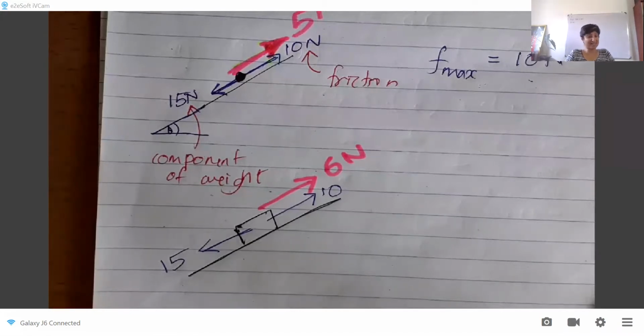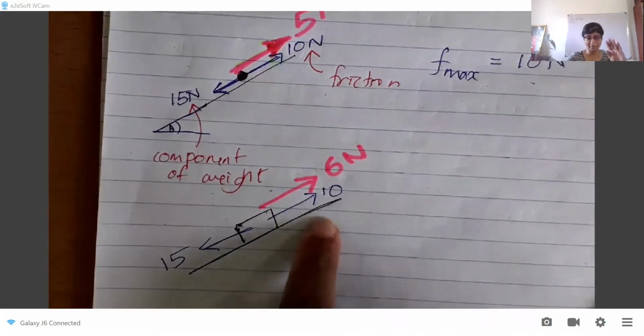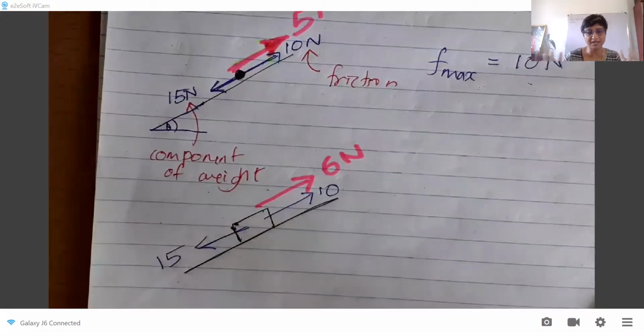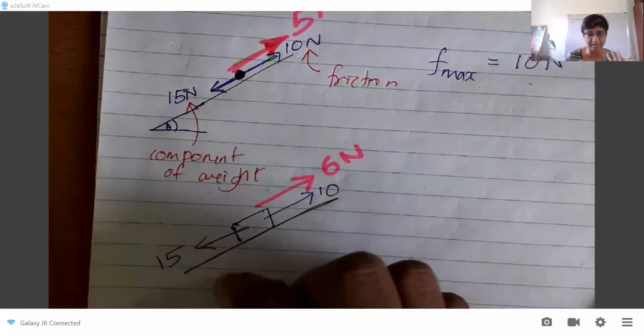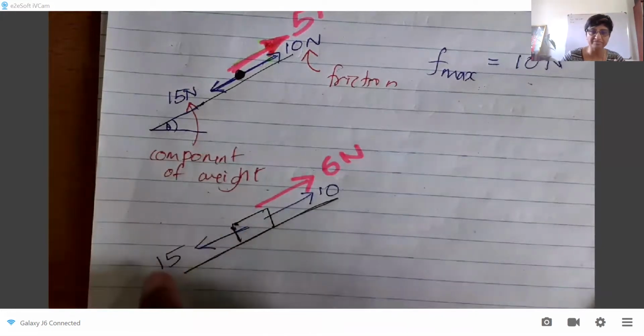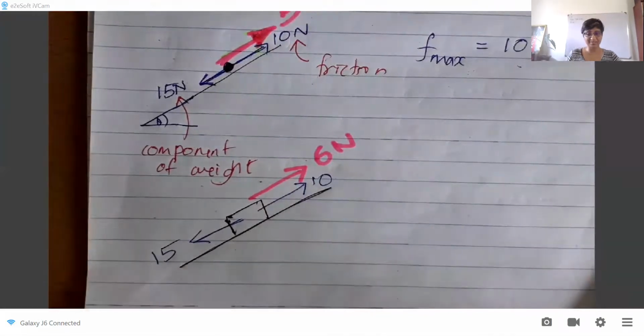Hatvi is saying stay in one place. How would that happen? Now remember, this 15 can't change. Its direction can't change. Its size can't change. It's fixed. This arrow and the number 15 is fixed.